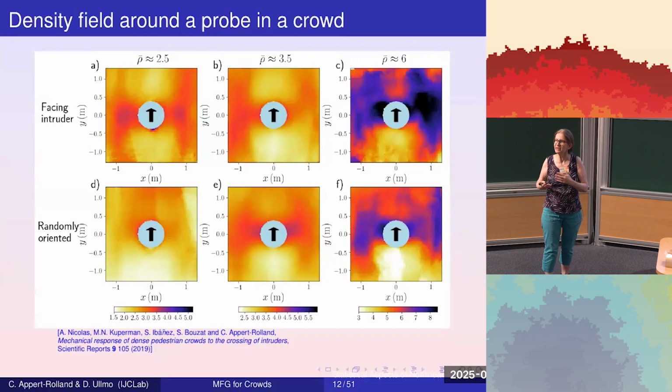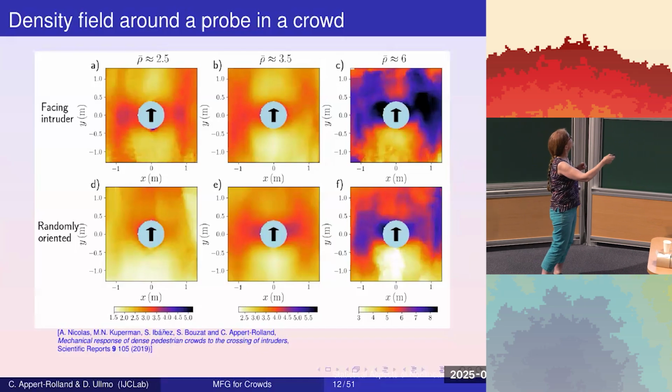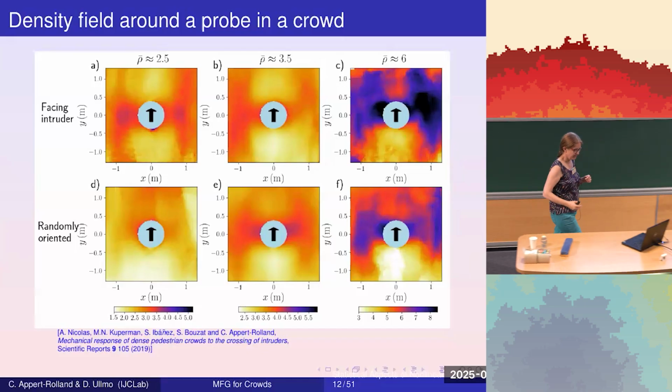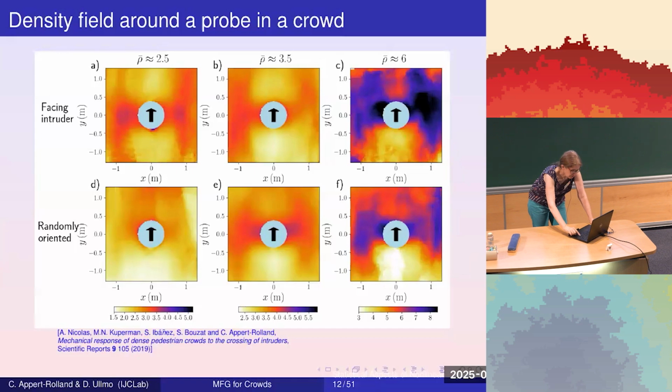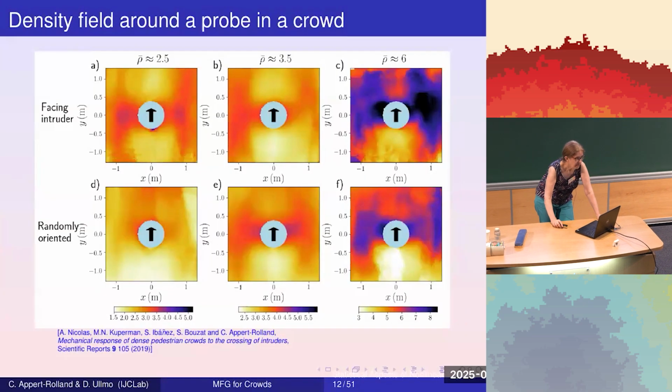So it was not obvious that we would get the same. I will speak about the random orientation later, but now we are concentrating on people facing the intruder. The symmetry of the response is not the same, or it's a bit closer to the intruder between brains and people?